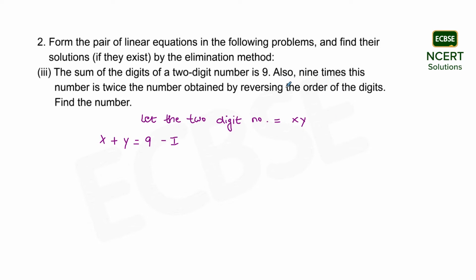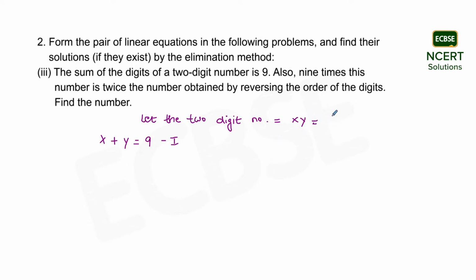Now, reading the second statement, it says, also 9 times this number is twice the number obtained by reversing the order of the digits. Firstly, let us come to this two-digit number. As we have assumed the two-digit number to be xy, but as we don't know the values of x and y, in order to use this number in the statement and form the linear equation, we will use its expanded form.